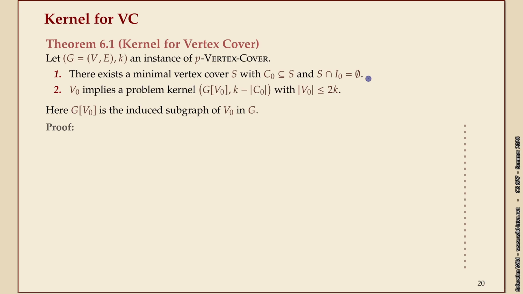I still find it somewhat surprising that this detour via LPs gives you so much direct information about this graph. So let's prove this and kind of demystify what happens here. So we'll first prove this claim 1. And then the second part is actually not that hard.